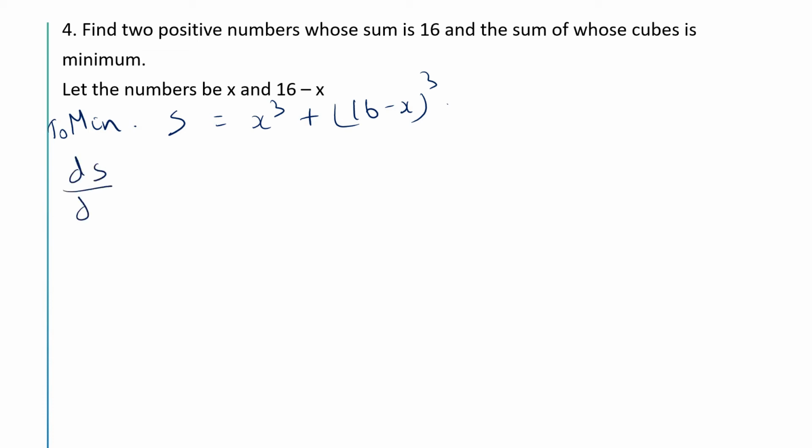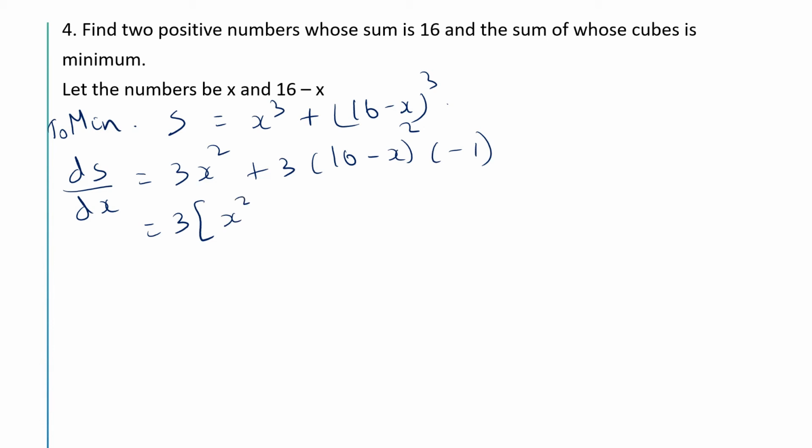So again the same steps. First differentiate with respect to x. We get 3x square plus 3 into 16 minus x the whole square into minus 1. Or it is equal to 3 into x square plus 16 square minus 32x plus x square, so this whole thing into minus 1.